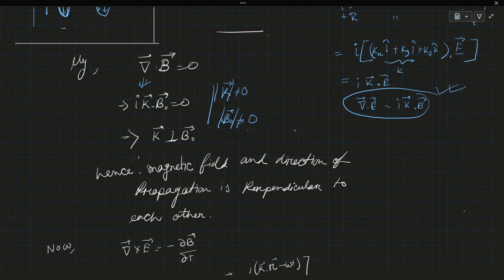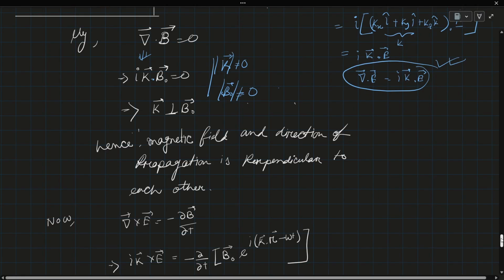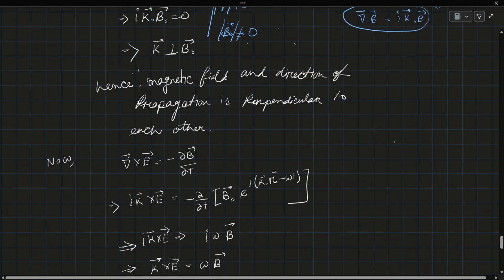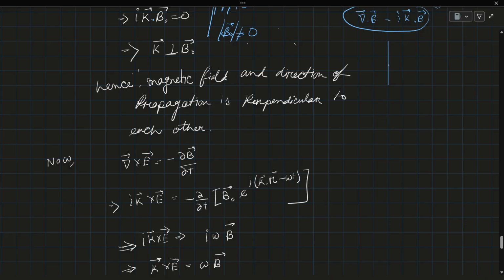Now I am going to show that the electric field, the magnetic field and the direction of propagation are all perpendicular. From this equation, if the electric field is in this direction, let's say this is the Z direction and this is the Y direction, then the magnetic field will be like this.